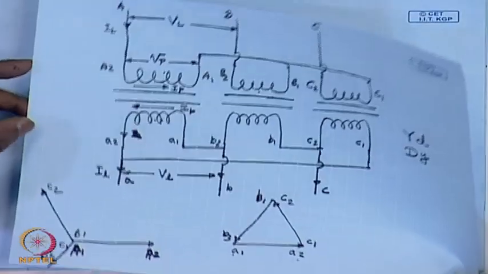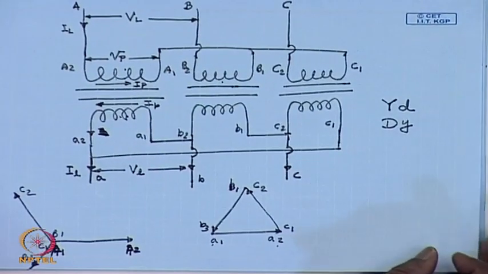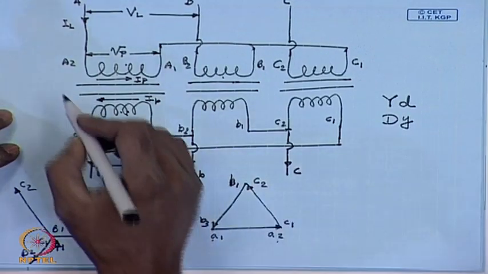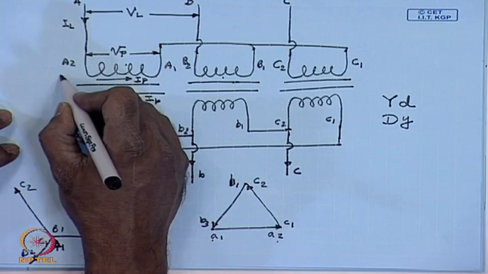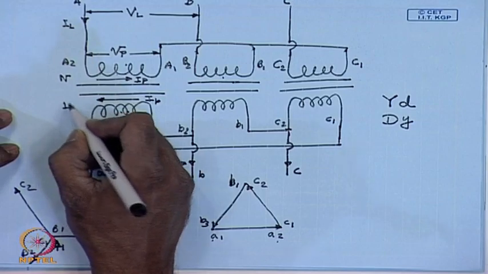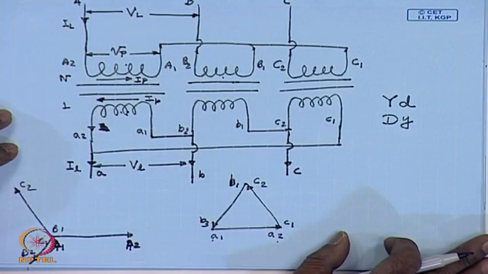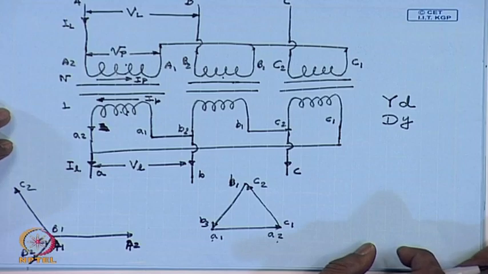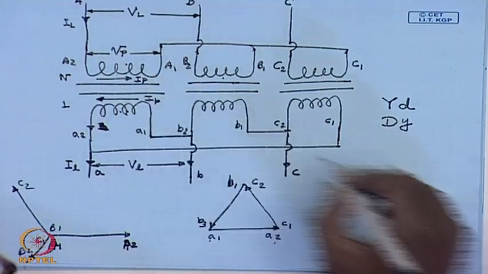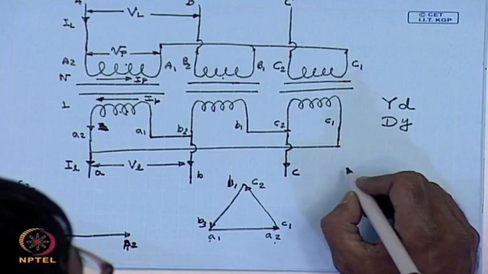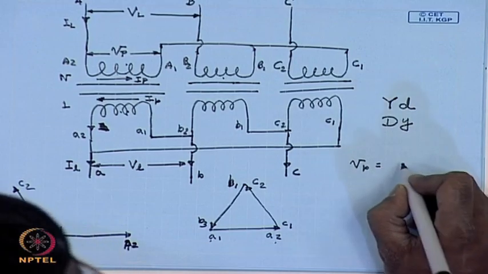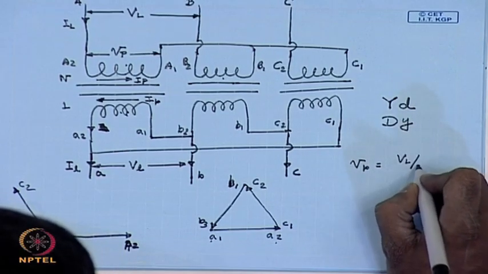Now, let us look at the phase voltage, line voltage, phase current and line current transformation ratio. For that, let us assume that the high voltage side has n number of turns and the low voltage side 1. So, this is an n is to 1 transformer, in which case we see that on the high voltage side the phase voltage V_P equals the line voltage V_L by root 3.